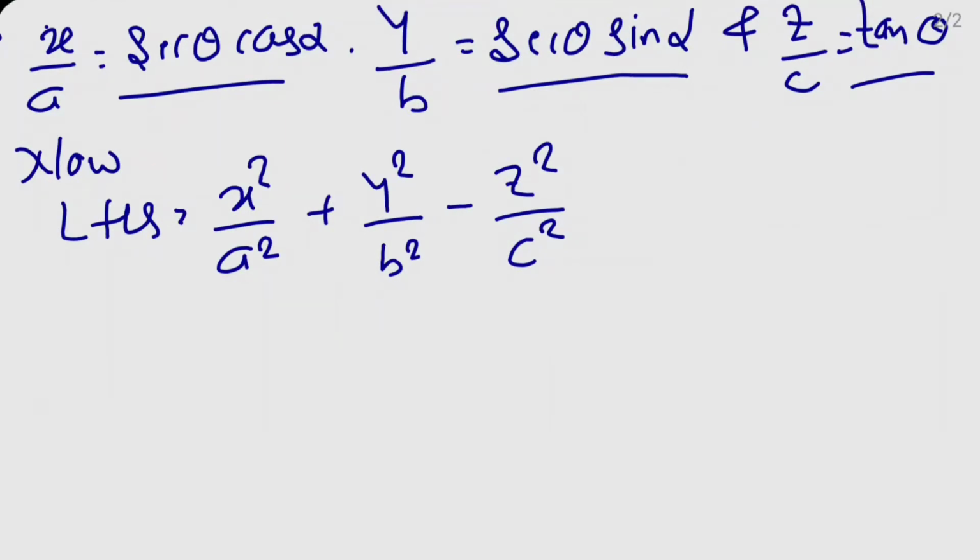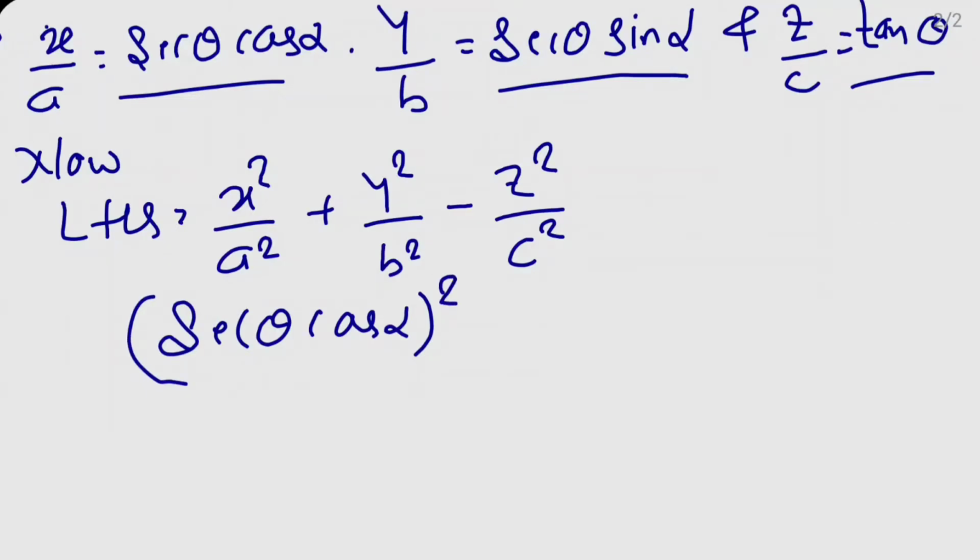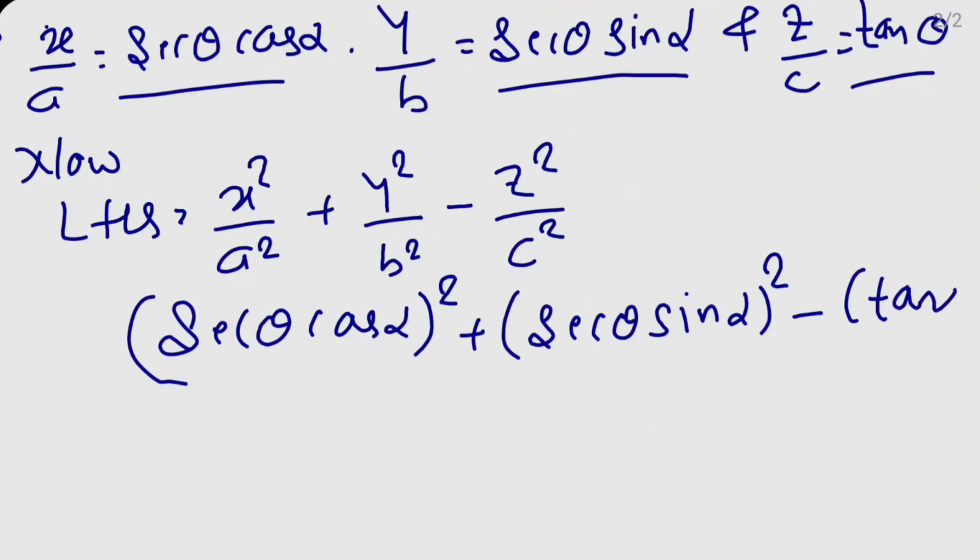So here we got x by a is sec theta cos alpha whole square, plus y by b is sec theta sin alpha whole square, minus z by c is tan theta whole square.